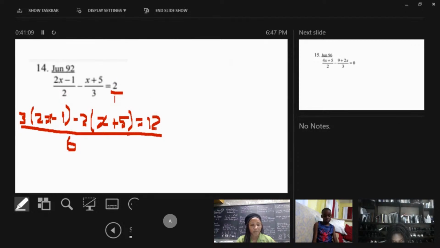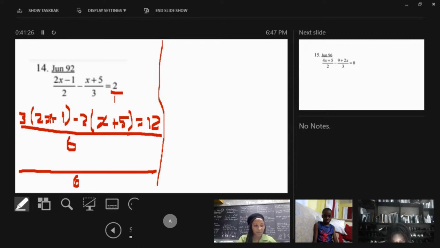Remember, you have to explain because there are students who just don't understand what's happening. So you have to explain, okay? So 3 times 2x, that's 6x. And 3 times the negative 1, that's minus 3.